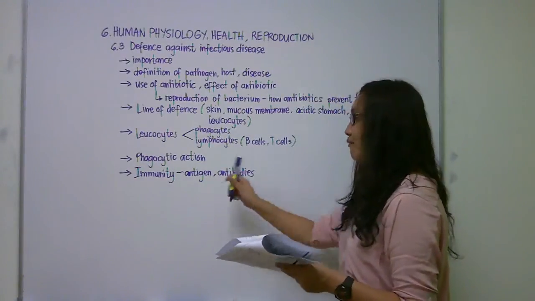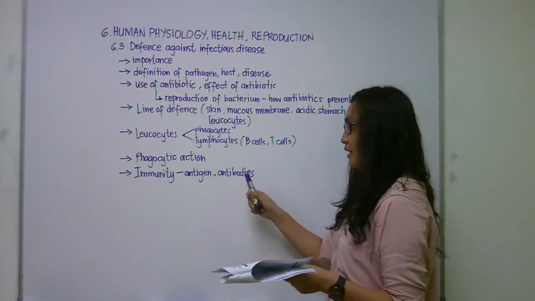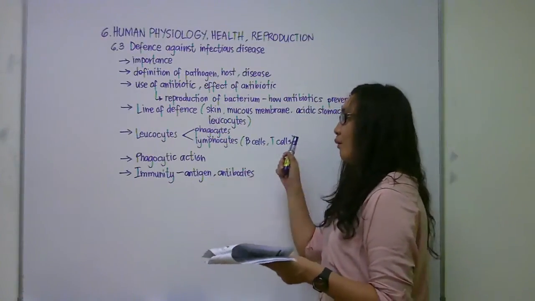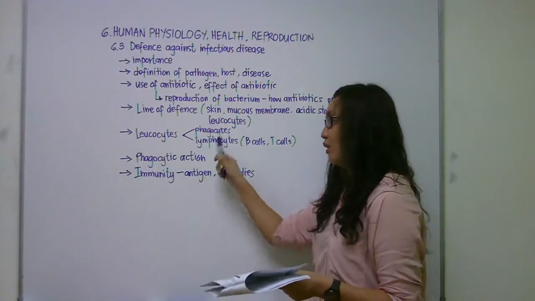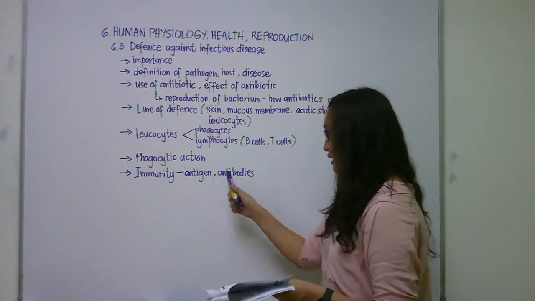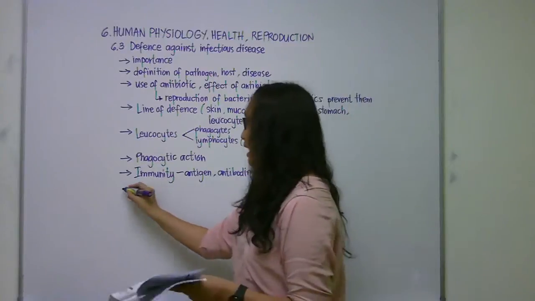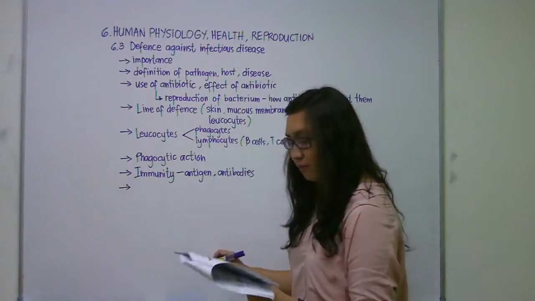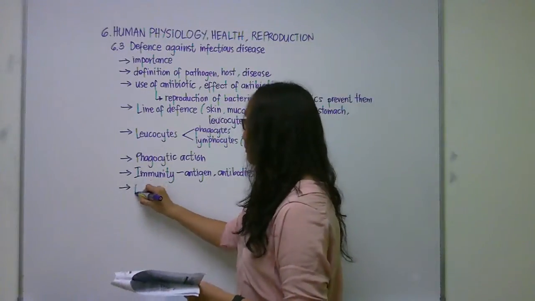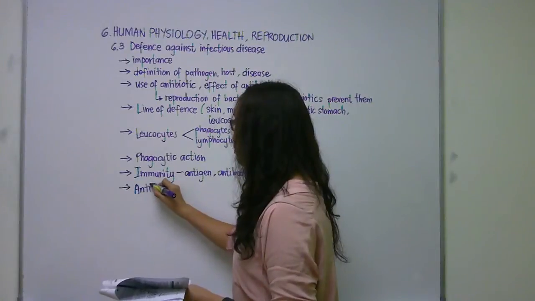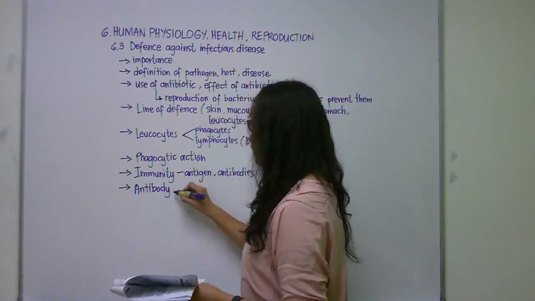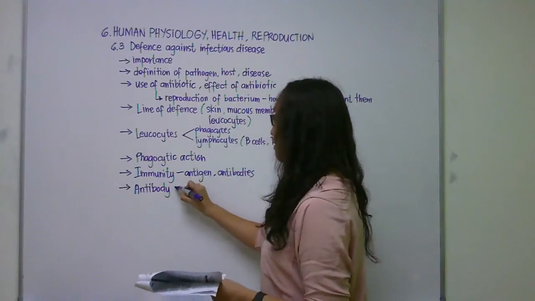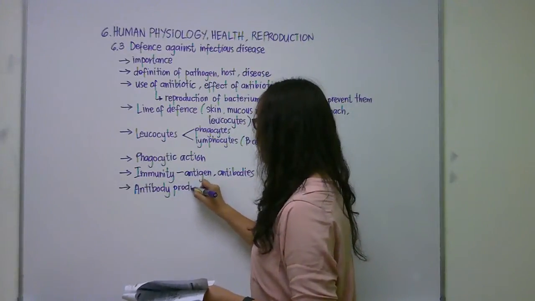Once we have differentiated antigens and antibodies, we have to relate how we are able to achieve immunity. Once we have discussed their differences, we can move on to antibody production. Our body is able to achieve immunity because of antibody production.